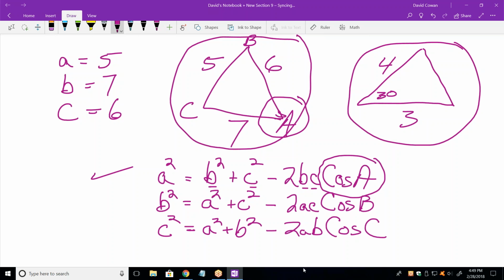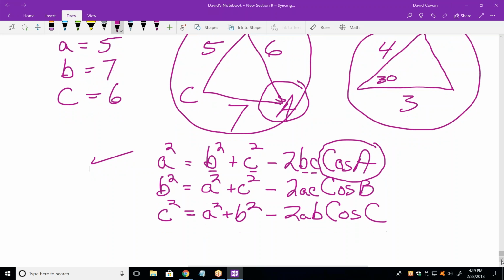Like I said, I could use any of the three. If I use the middle one, I'm going to be solving for angle B, and if I use the bottom one, I'm going to be solving for angle C. But our goal is to solve for one of these angles. Once we get one of these angles solved for, we'll be in like Flint.